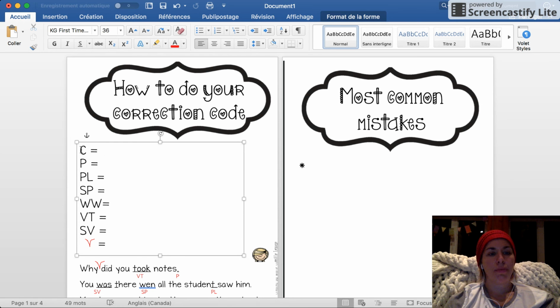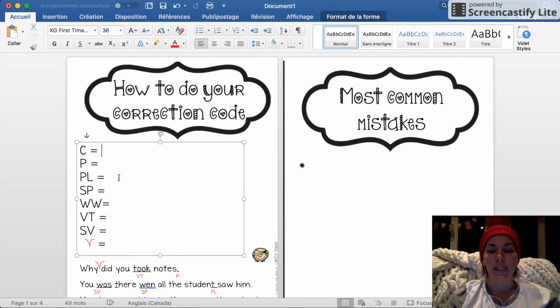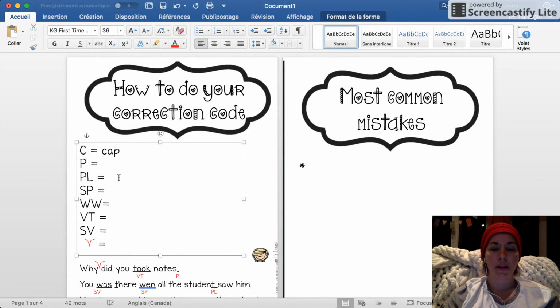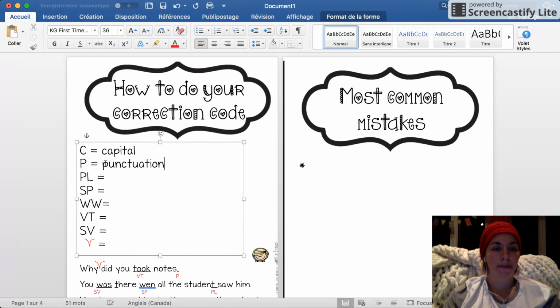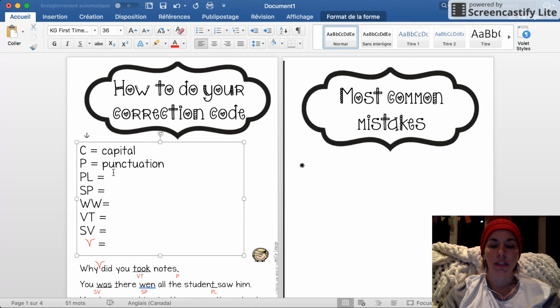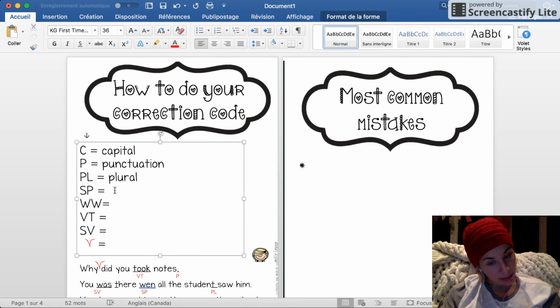I'll tell you what the letters stand for, and then I'll explain to you what they mean. Okay, so C is for capital. P would be for punctuation, and PL is for plural. SP is for spelling.